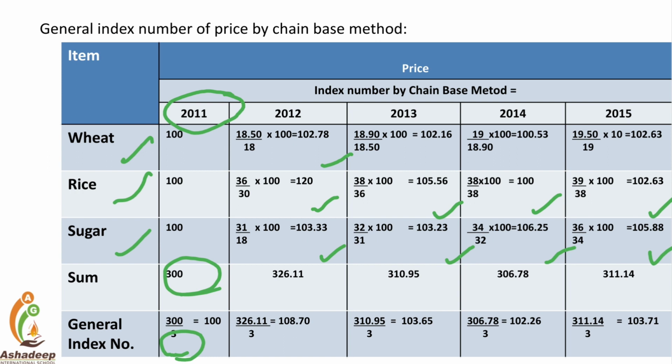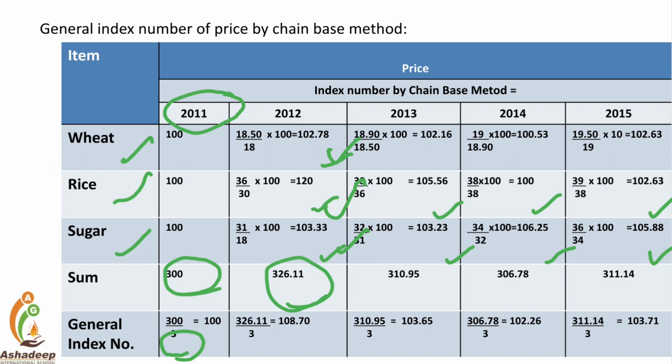These are the individual index numbers, but we want the general index number. Whenever we require the general index number, we just add all the index numbers. When we add these 3 individual index numbers, the figure comes to 326.